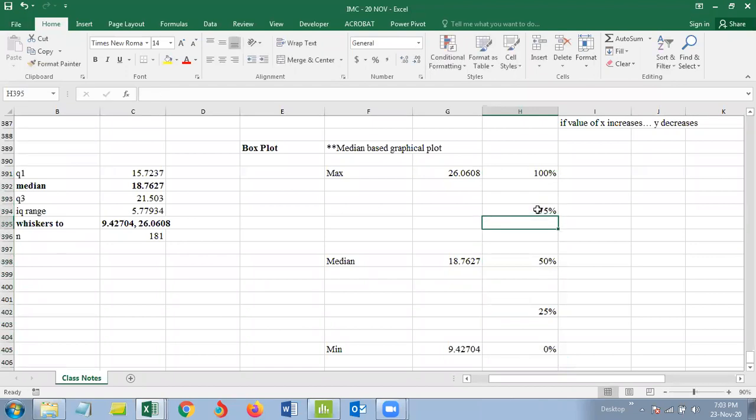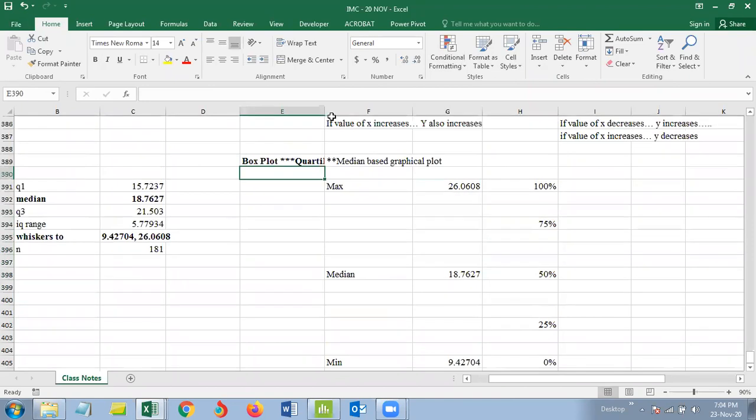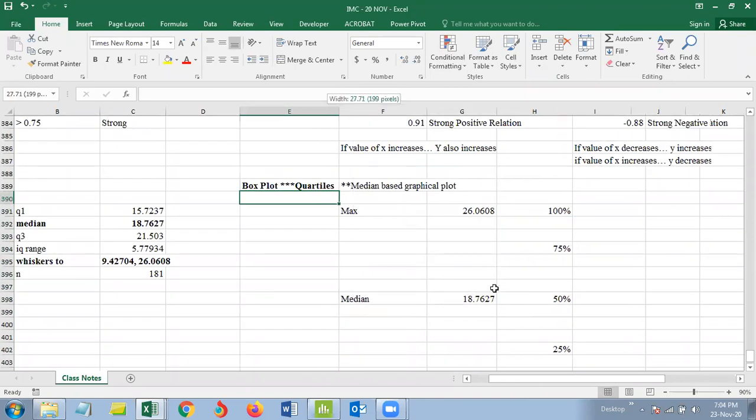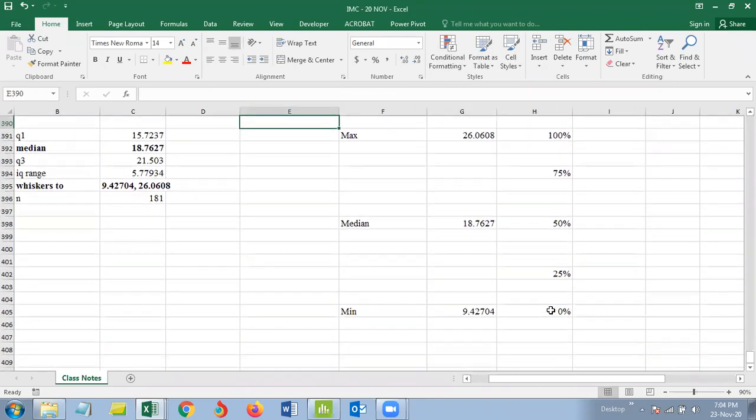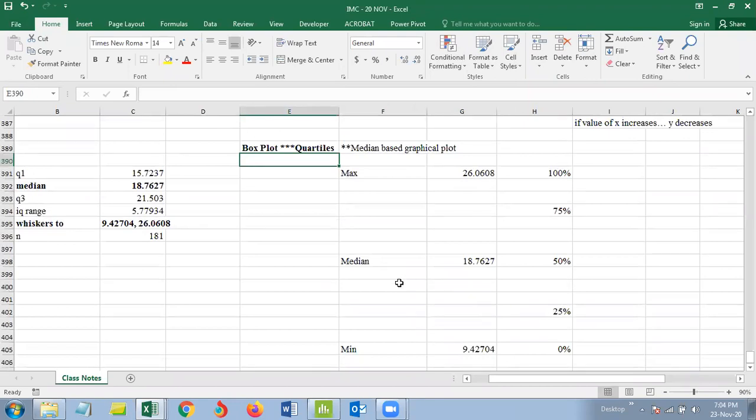So median divides the data into two equal halves, 50 and 50. And box plot works on quartiles. Quartiles means quarter, 25%. So box plot works on quartiles, which divide data further into 25, 25 each. So 25% is referred to as quartile 1, Q1, the first quarter.